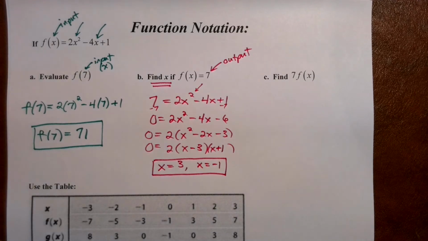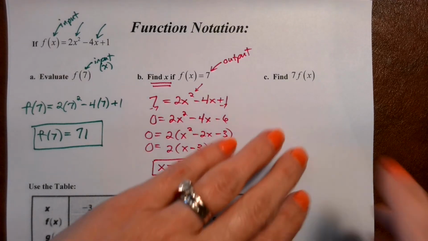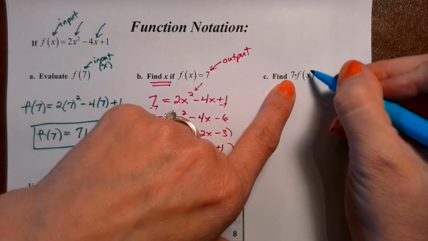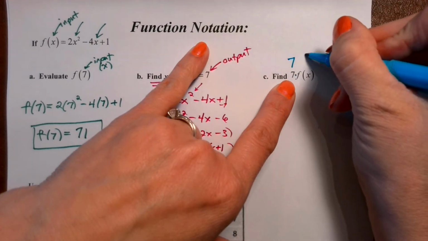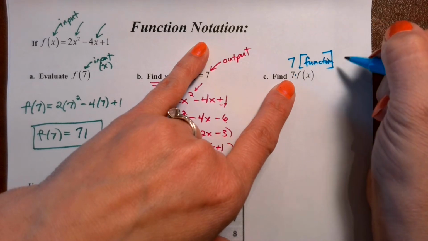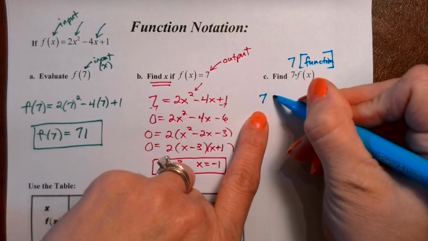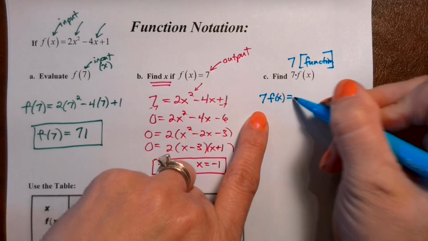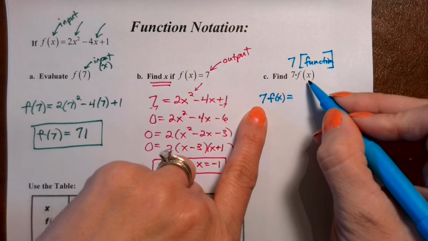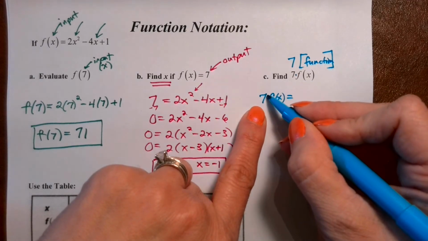Letter C. This one is actually way easier than people think. This says find 7 times the function. So I'm going to start by labeling 7 times f of x equals. Do they want me to put 7 into the x spot? No. Are they telling me that 7 is the output?